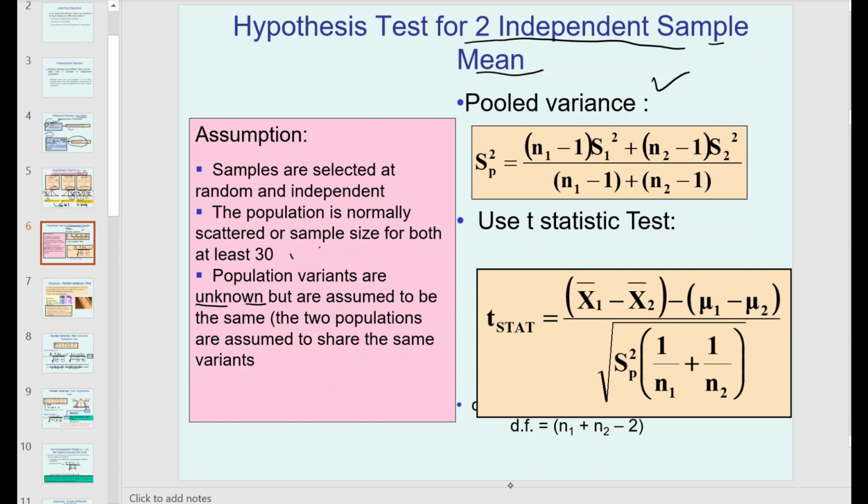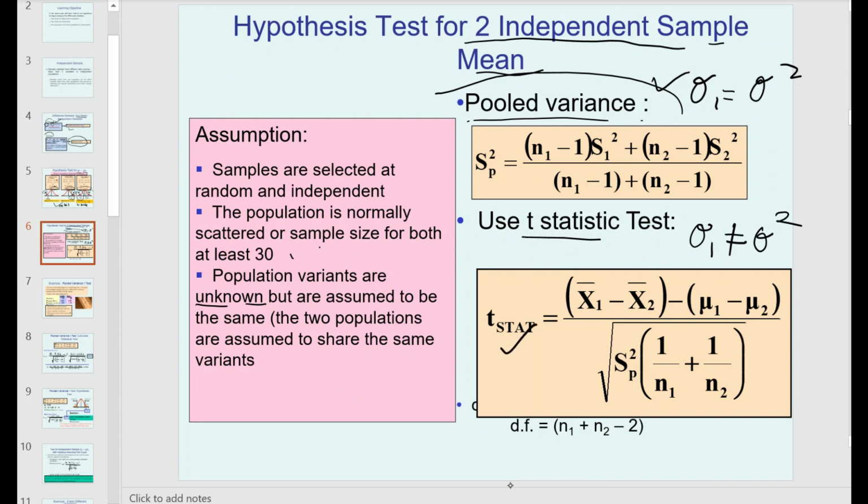So for example, for this pooled variance, we know that sigma 1 and sigma 2 are unknown, but for pooled variance we assume that they are the same, while for T statistic we assume that your sigma 1 is not equal to sigma 2 here. Of course in T statistic, when you want to calculate this or refer to the table, you need to have your degree of freedom.